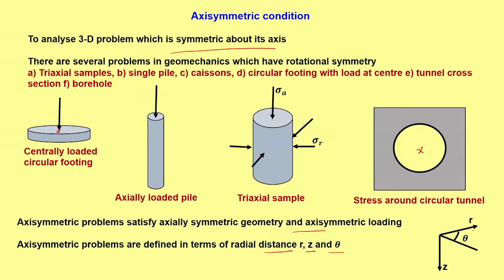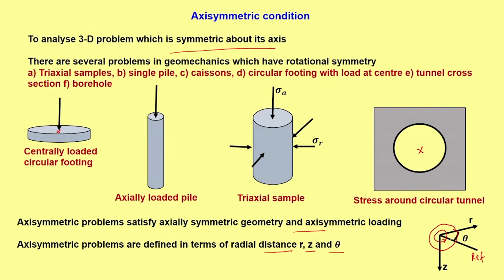So, here is the representation. Let us say this is the reference axis, this is the radial distance r and this is the vertical distance z. If you consider a cylinder like this and this is the reference, you have theta beginning from here and going all around to 360 degrees.